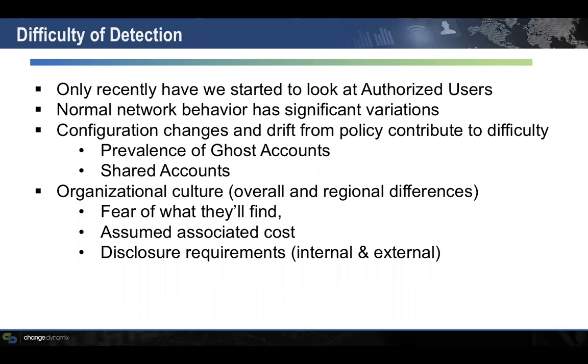So from a machine learning or artificial intelligence standpoint, that makes this very challenging because it's difficult to have a training set. It's difficult to define what normal behavior is. And that's for looking for outside attacks. When you're considering authorized users, it's even harder because part of their behavior is that they're supposed to be in your network.